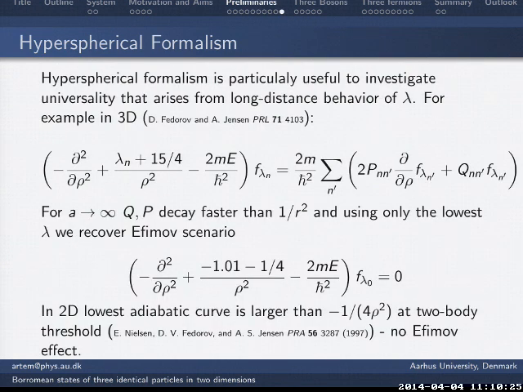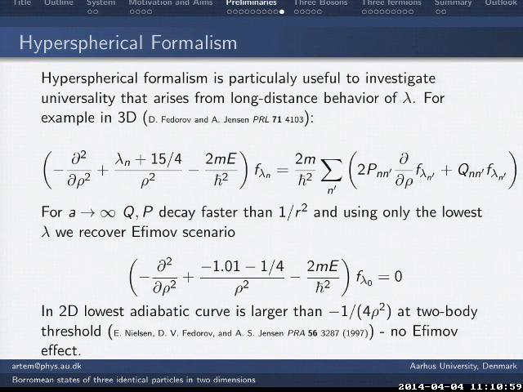It's a tough job. But the hyperspherical formalism is really useful if you want to derive some simple universal features that arise from the long-distance behavior of lambda. For example, for 3D, you can do all the same steps that we did before and you end up with this equation. You can show that Q and P decay fast in 3 dimensions, and using only the lowest lambda, we recover the Efimov scenario and this scaling constant.